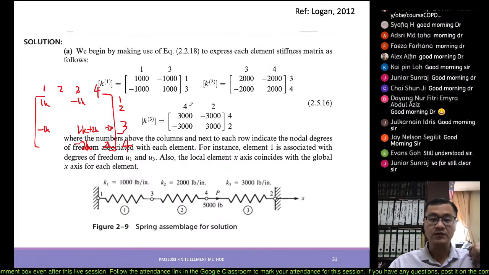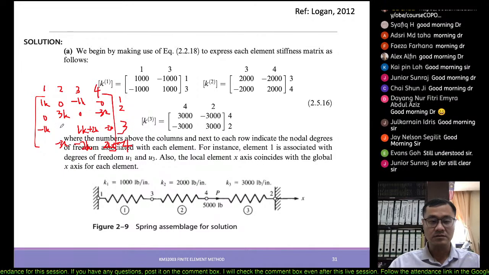Same thing for 4 4, plus 3000. Then 4 2 here is minus 3, then 2 4 is minus 3, and 2 2 is 3000. The rest are 0, 0, 0, 0, 0 and 0.